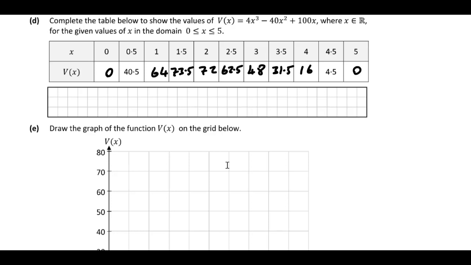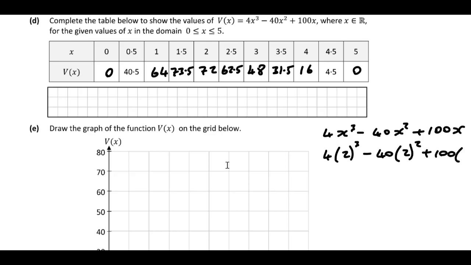Now, just to show you how this might be done manually, you would take the 4x cubed minus 40x squared plus 100x, and let's pick a number here. Let's pick 2, for example. You just put the 2 in. So you would put 2 in here, cube it, 40 times 2 squared, plus 100 times 2. You would work that out. Make sure you do the powers first here.